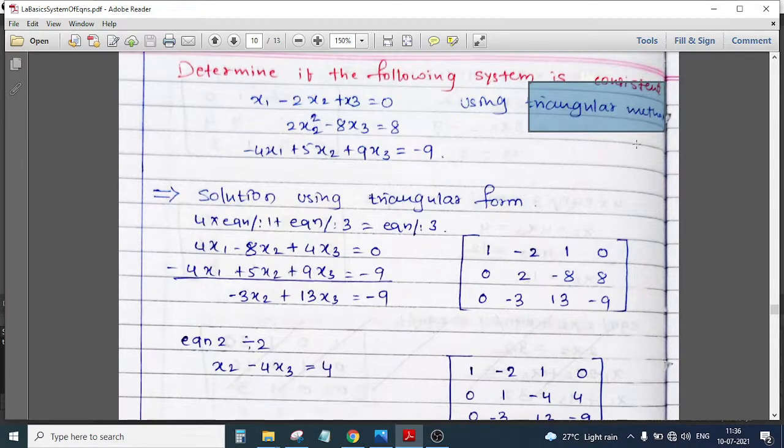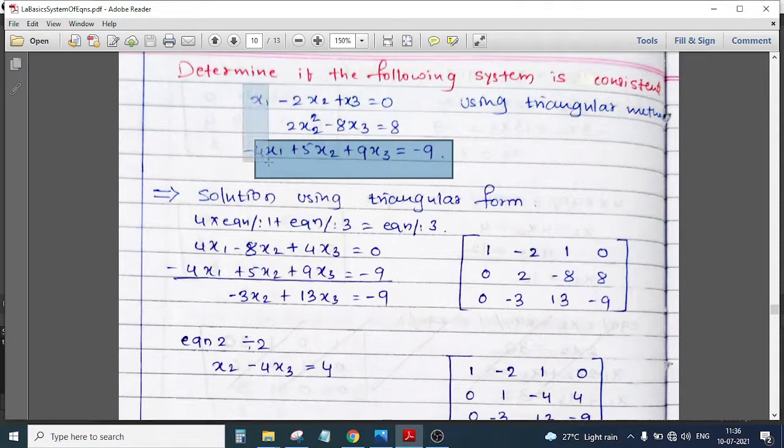The meaning of triangular method is nothing but, as I explained just now, the equation with all the coefficients present will be solved first, and we will be trying to eliminate one of the coefficients. Once that is done, you will be solving that solved equation with the equation which is having one coefficient less. Like in our example, we took 1 and 3, we solved them, we removed your x1.